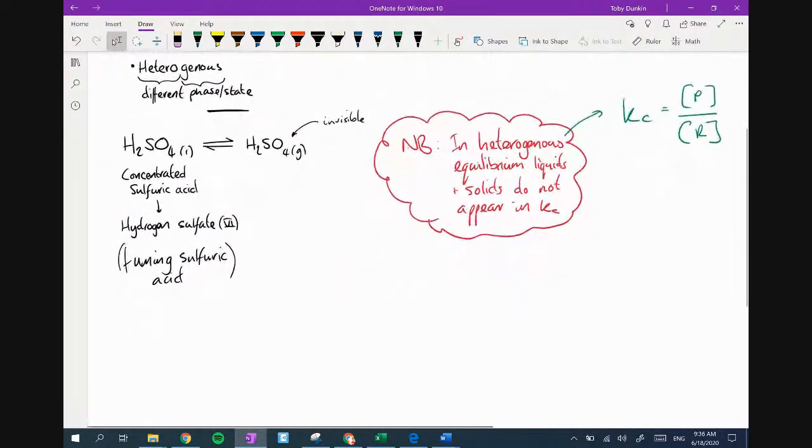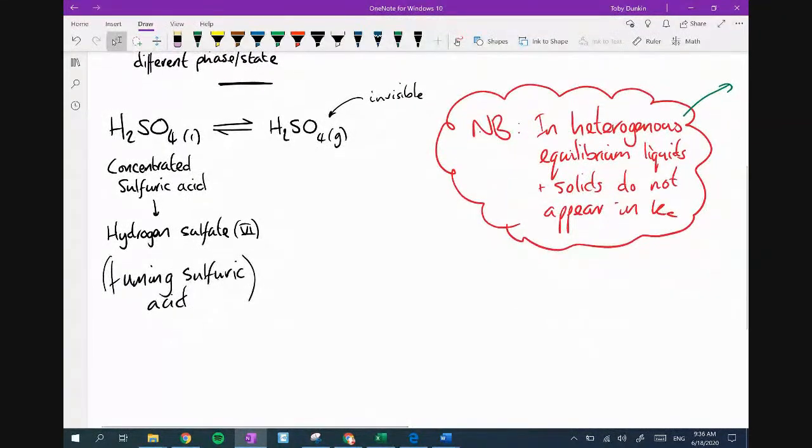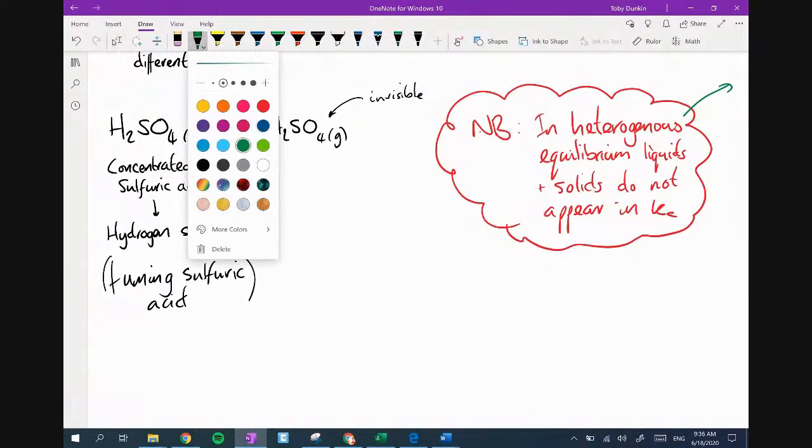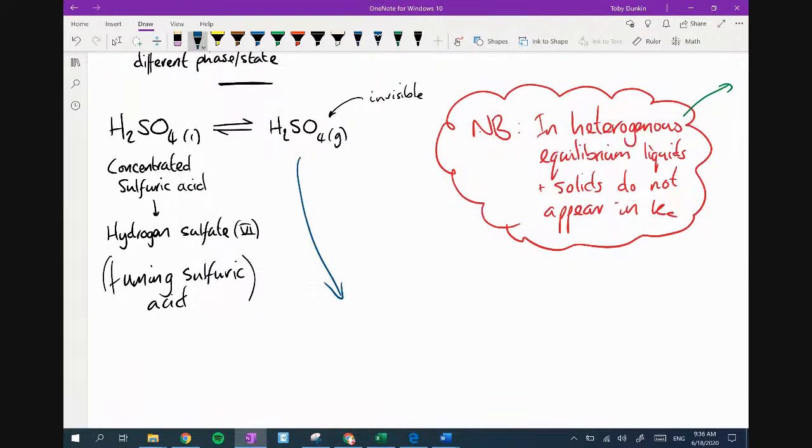So with this nota bene, we can now create the Kc for this equilibrium, which will be Kc equals products, H2SO4 gas, over 1. The liquid just won't appear. It's also to the power of 1, so in reality it just becomes that.